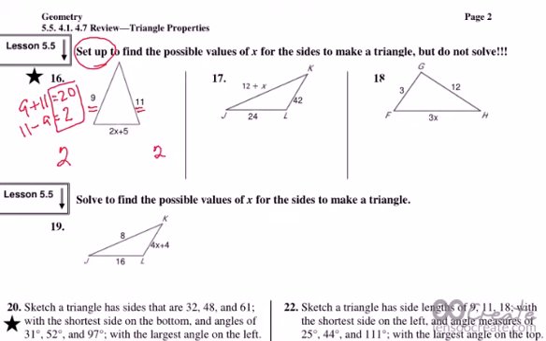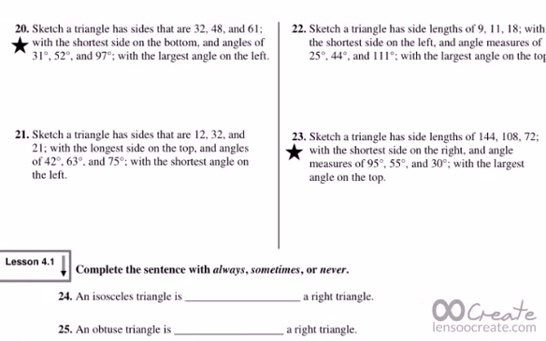So I know that the third side, 2x plus 5, is between 2 and 20. Then you will subtract 5 from all three parts and then divide by 2 to all three parts to find the possible values for x.